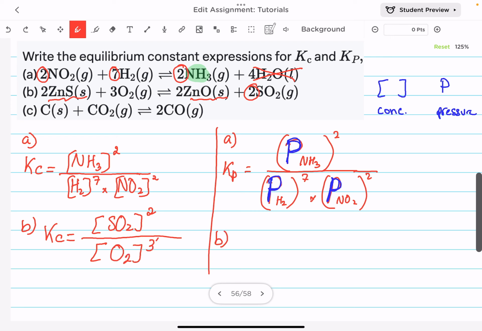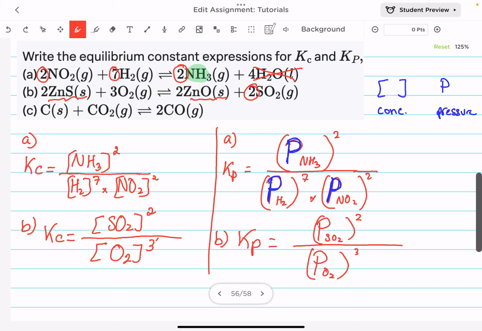And if I am writing the equilibrium constant expression of the pressure, that would be pressure of SO2 squared divided by pressure of O2 cubed. So again, you're writing P, not brackets.